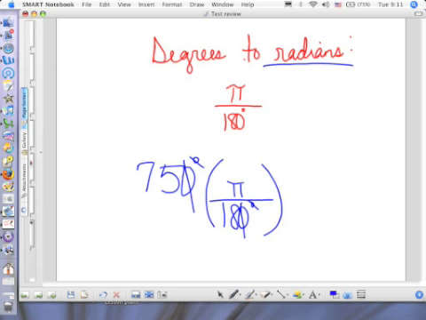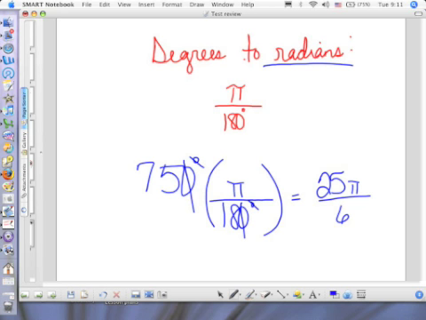If you add up the digits, and what you get is divisible by 3. If 7 plus 5, which is 12, is divisible by 3, then 75 is divisible by 3. If 1 plus 8, which is 9, can be divided by 3, then 18 can be divided by 3. Both of these are divisible by 3, so you get 25 pi over 6 in this case.